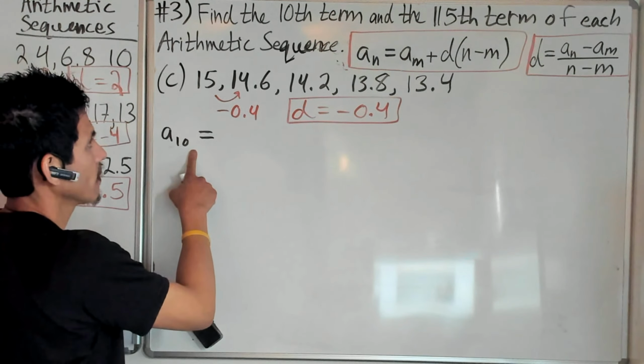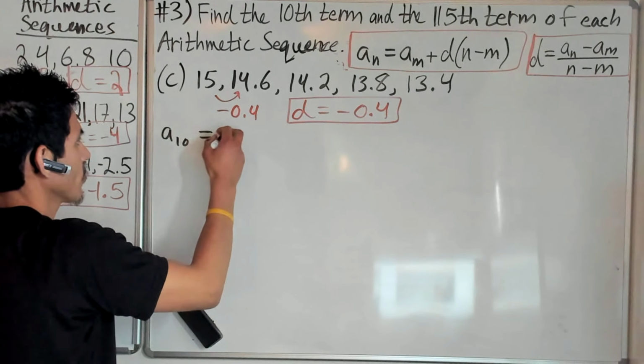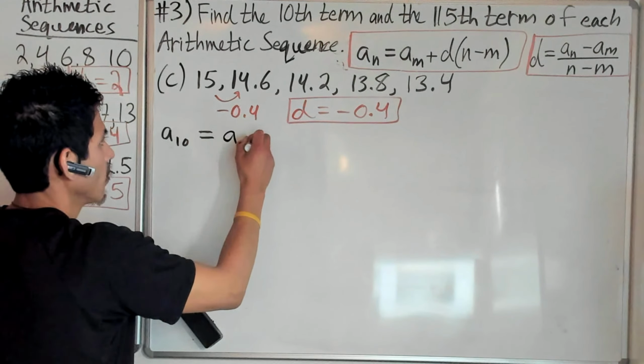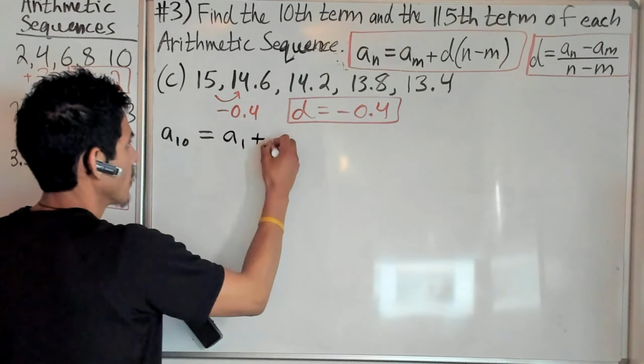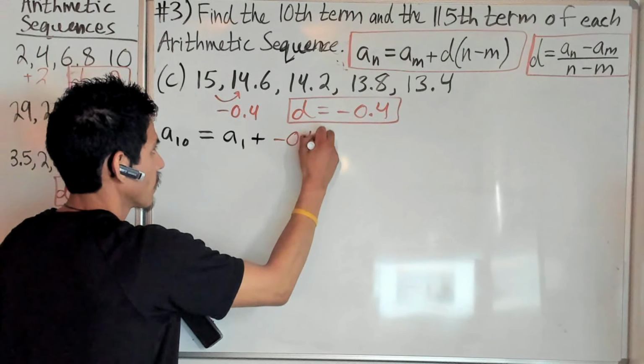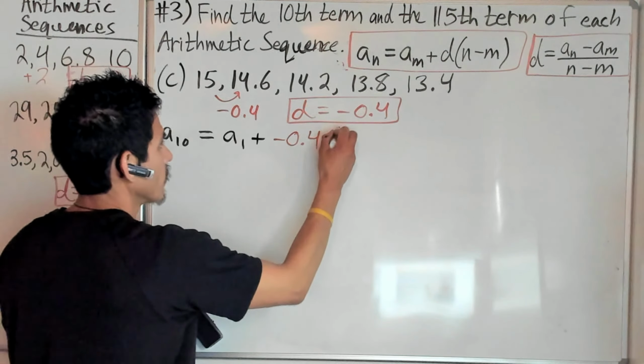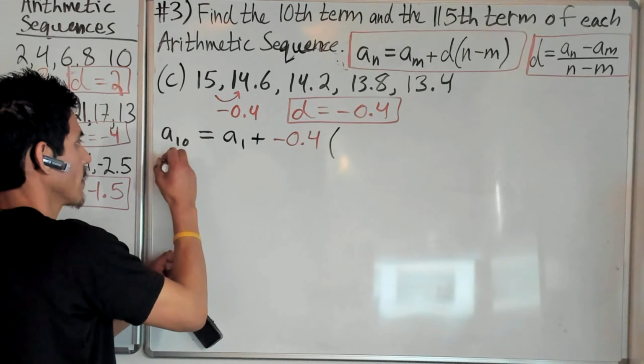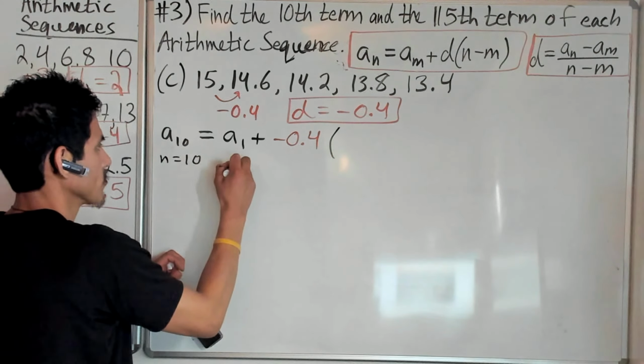So for A10, let's go with A1 plus negative 0.4 times n minus m. In this case, n is 10 and m is 1.